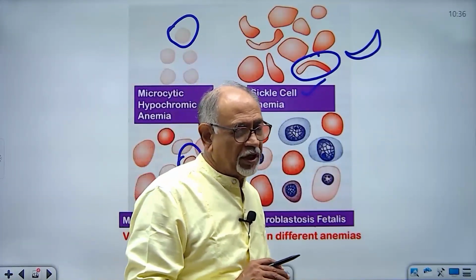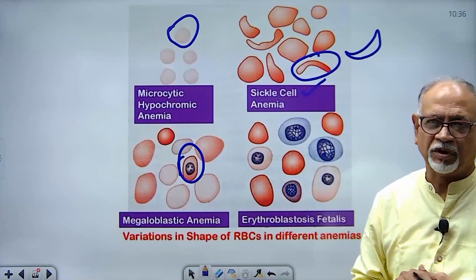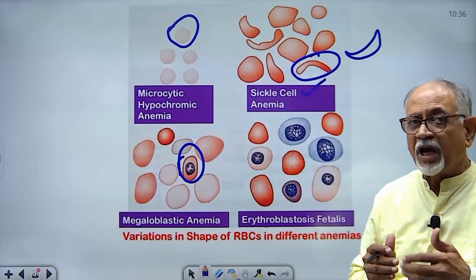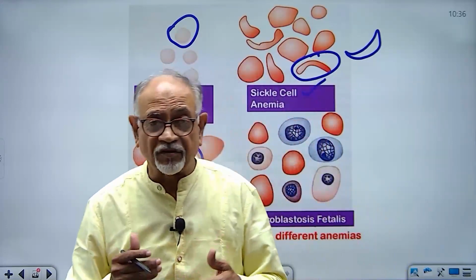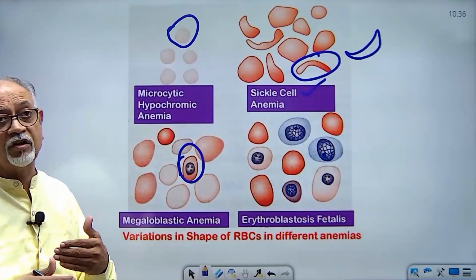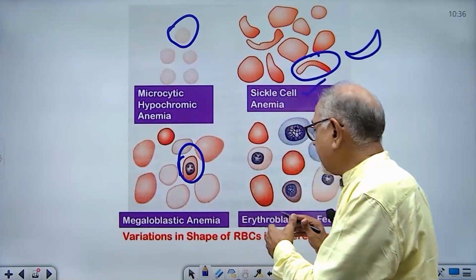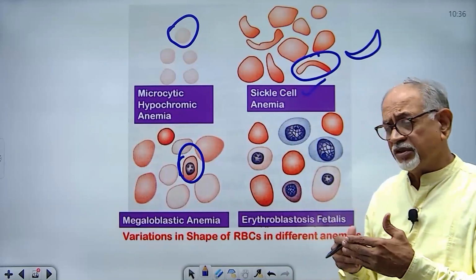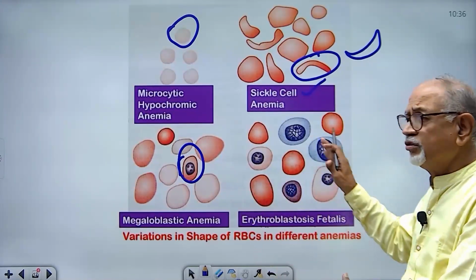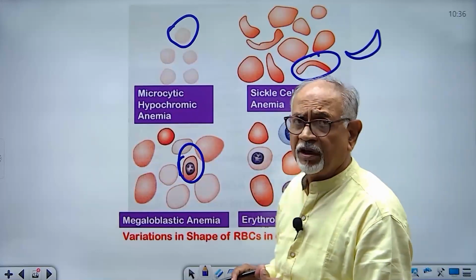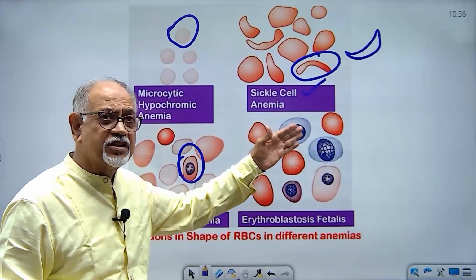You know, if the mother is Rh negative and if the fetus is Rh positive, and if the mother already has Rh antibodies due to earlier transfusion of blood or due to first pregnancy of an Rh positive fetus, maybe in that case the antibodies from the mother cross the placental barrier and reach into the fetal circulation, thereby causing the hemolysis of the fetal RBCs.